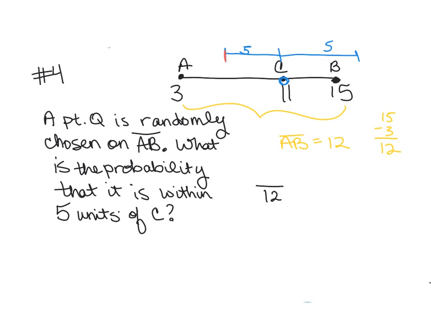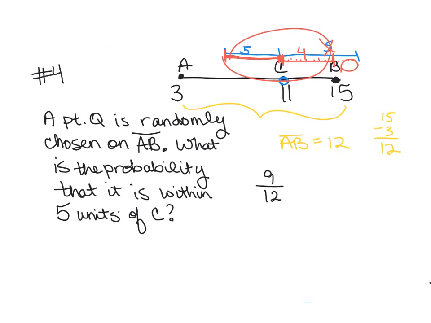We have 5 units from C to the left. And over here, yes, we said we had 5 units, but the problem is, if we're going to stay on this segment, this part doesn't count. So really, we just have from here to here. Well, if you go from number 11 to 15, that's only 4 units, not 5 units. So in total, we have 9 units that are the winners.